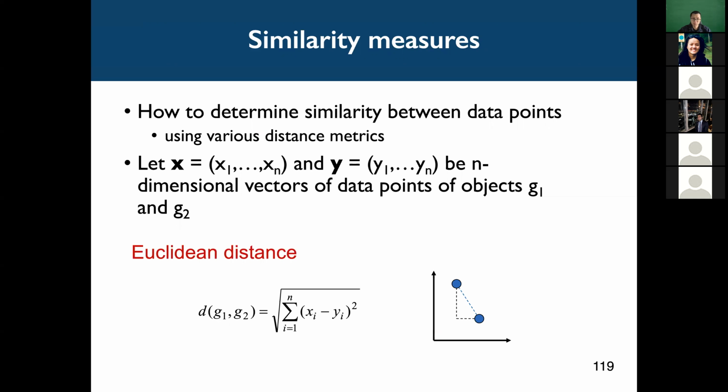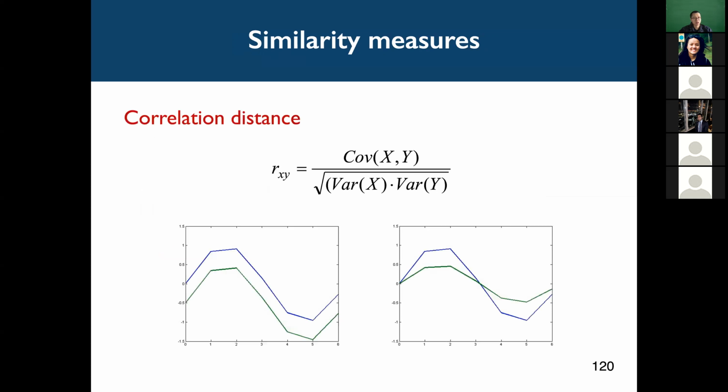This is the simplest way to calculate the similarity between two vectors or two feature sets. The second way is to use correlation distance or cosine similarity. We can consider the correlation between these two feature sets or two vectors. There are different ways to calculate similarity. So based on similarity, we can do clustering.